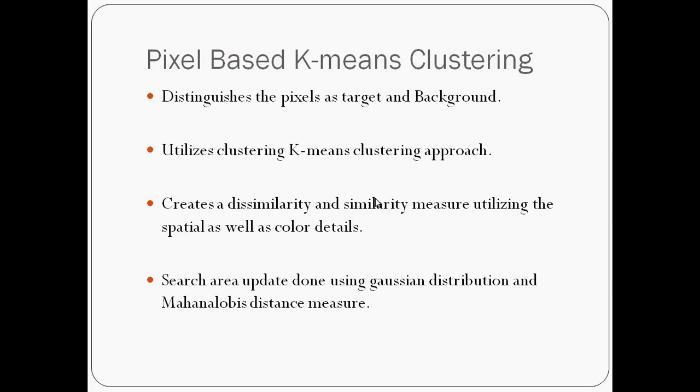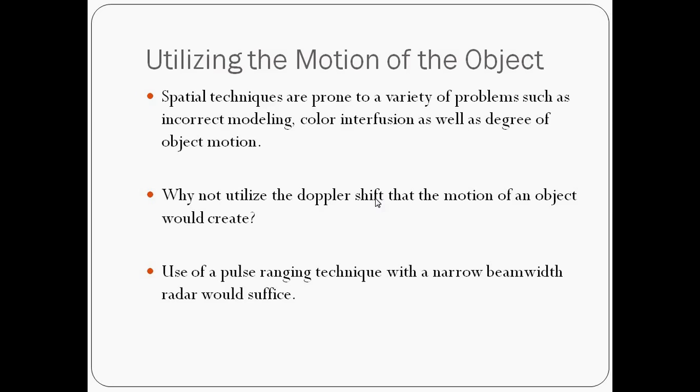These are the two better algorithms which I found. Moving forward, both of these algorithms, and as a matter of fact the other algorithms which I just listed out, are basically spatial techniques, and they are prone to a large variety of problems. Like you have an incorrect model.